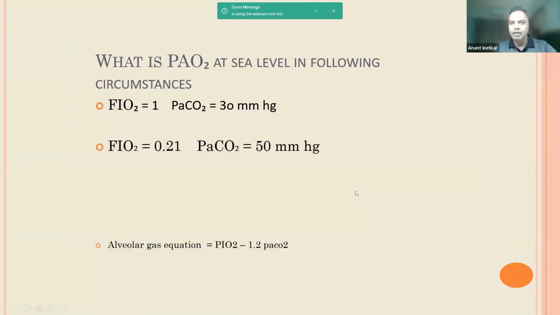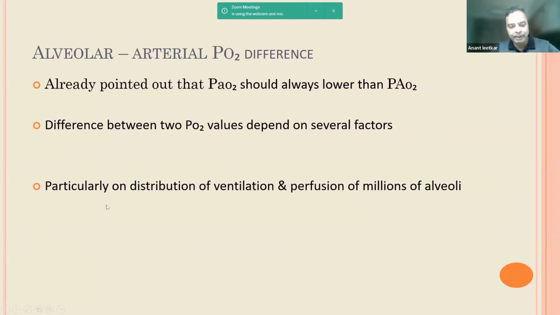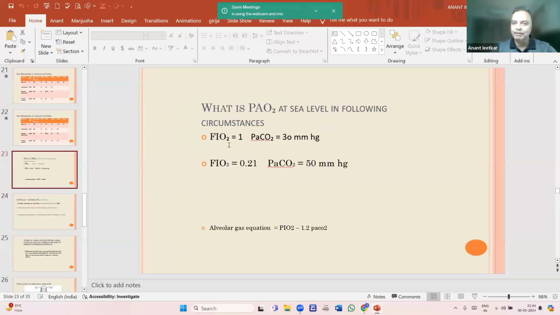Now coming further, what is alveolar PaO2 at sea level in the following circumstances? Anybody would like to calculate this and get back to me? Here, the first example is FiO2 of 1 and PaCO2 of 30. So 713, our barometric pressure minus water vapor, into 1 minus PaCO2 into 1.2, that is 36.